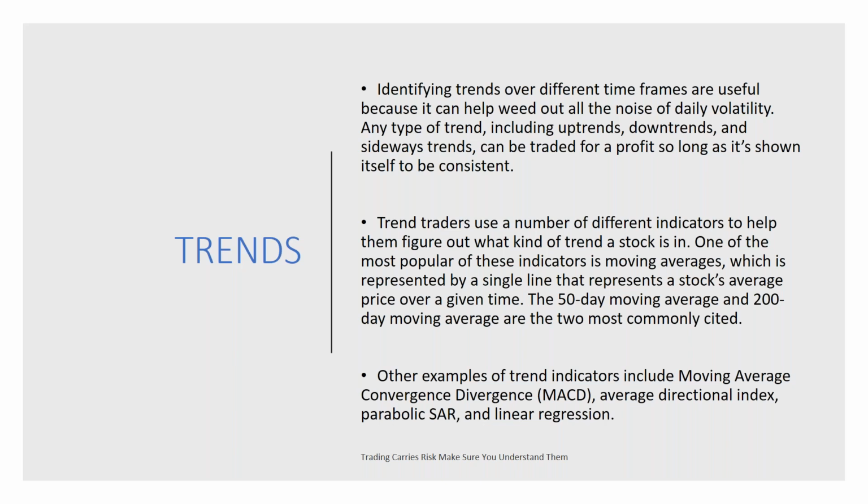Trend traders use a number of different indicators to help them figure out what kind of trend an asset is in. One of the most popular of these indicators is simply moving averages. Now, a moving average is represented by a single line that represents a stock's or an asset's average price over a given period of time.